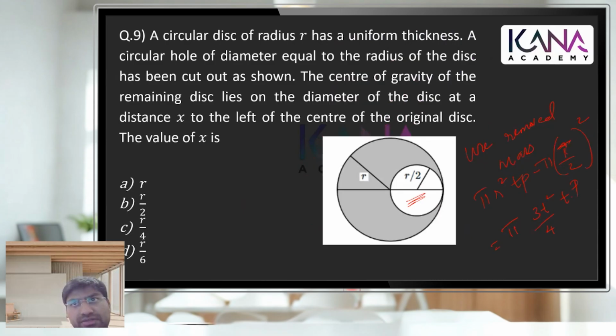So the center of mass of the remaining disk with respect to the center of the original disk, using m1 x1 equals m2 x2.